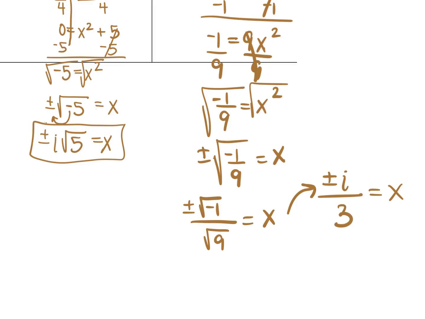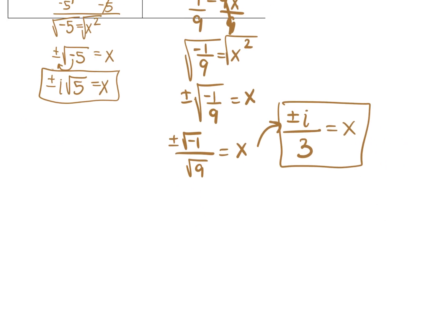So we have plus or minus i over 3, and you can leave it like that. Another way to write it is 1/3 i. Either one would be okay. Do you put the plus or minus in front of the fraction? Technically in front of the fraction, but if you have it in the numerator, that's okay. Just don't put it in the denominator.